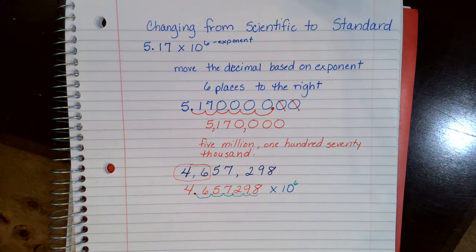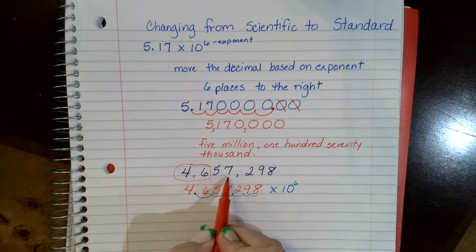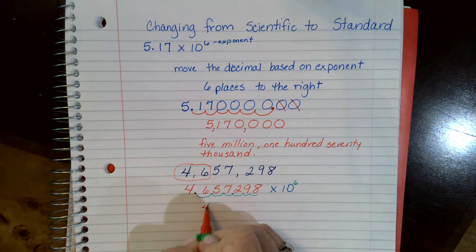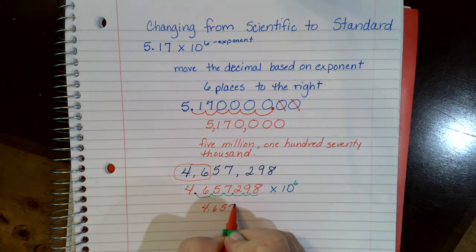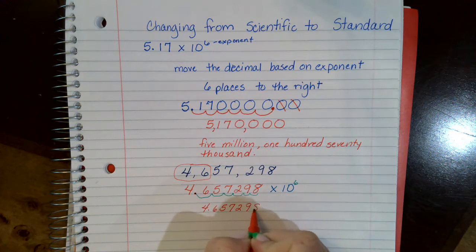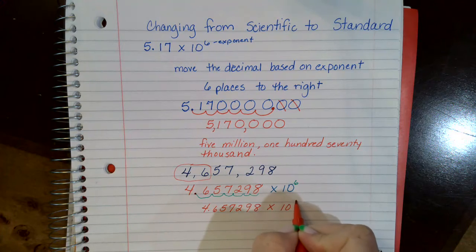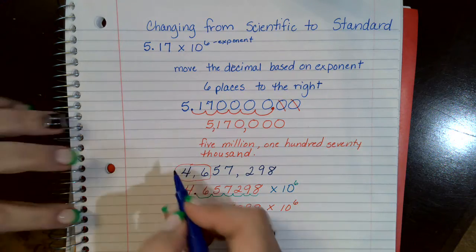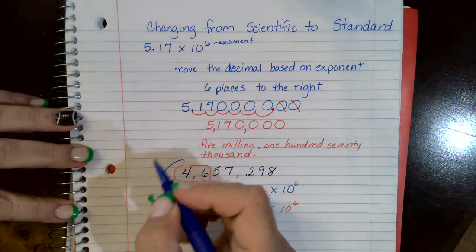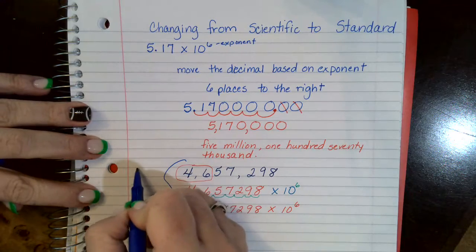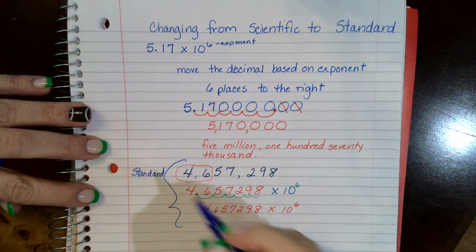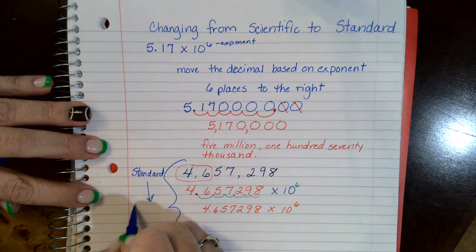So this number, 4,657,298, is written as a decimal 4.657298 times 10 to the 6th. That's going from standard notation to scientific notation.